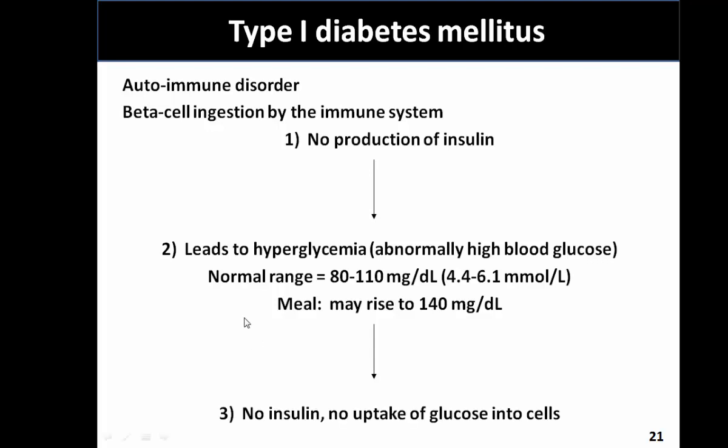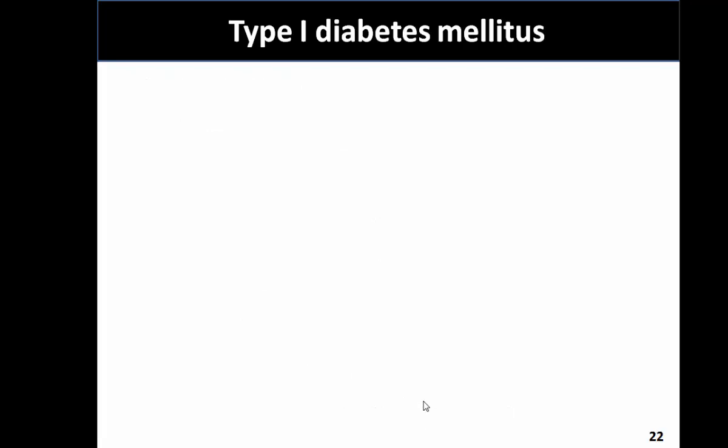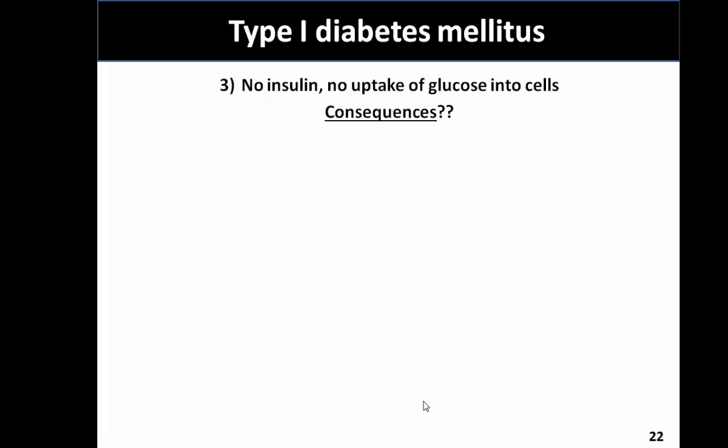Without insulin, we don't have the signal for glucose movement into liver cells and skeletal muscle cells. So without insulin, we don't have glucose uptake, and the consequence is that we don't have any translocation of GLUT4.